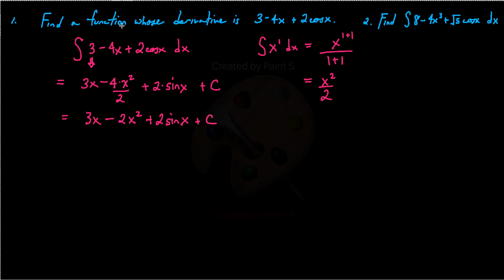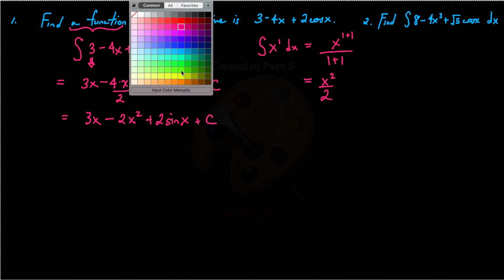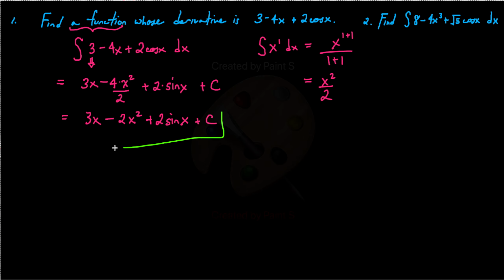It says find any function, so I didn't even really need to put that c, but all the functions are of this form with the plus c here. And you want to check, right? If I differentiate this function, this is my answer right here, and it asked me to find a function whose derivative is this. Well, let's see, is the derivative of this thing the original one?